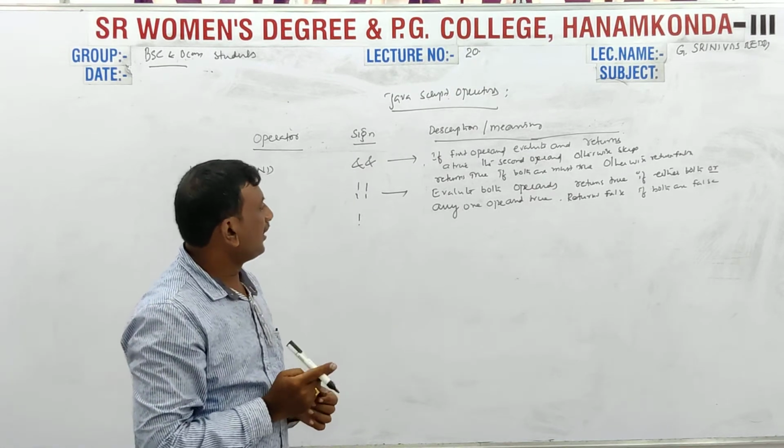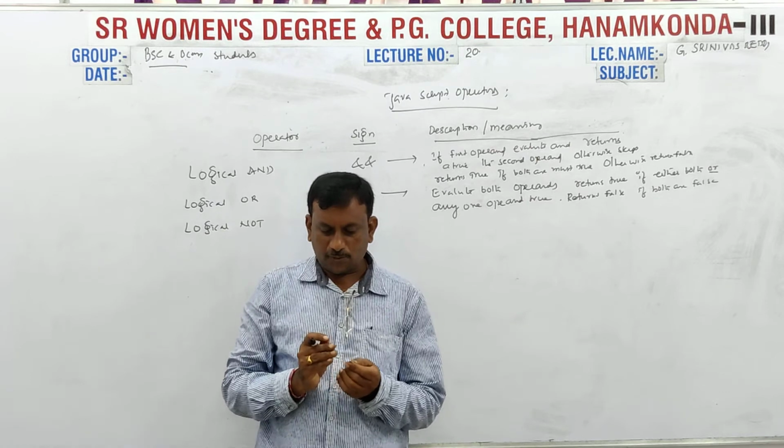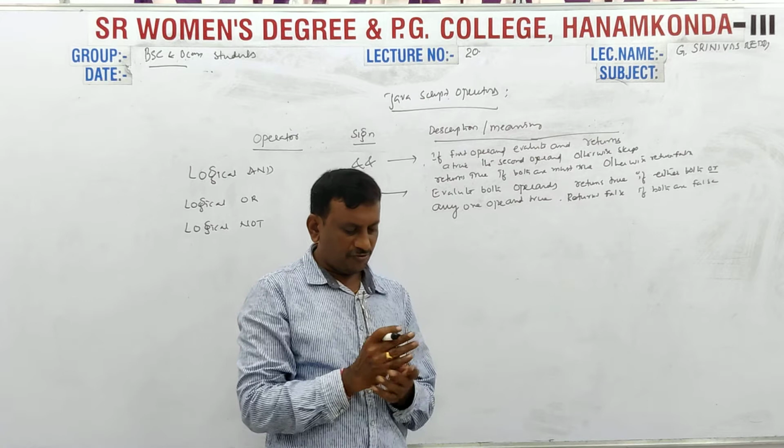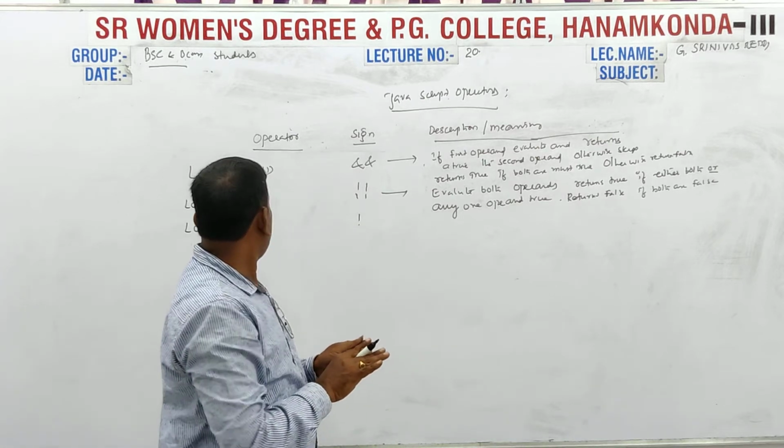It means that if at least one of the operands gives true, the result is true, otherwise false. That is called logical OR.